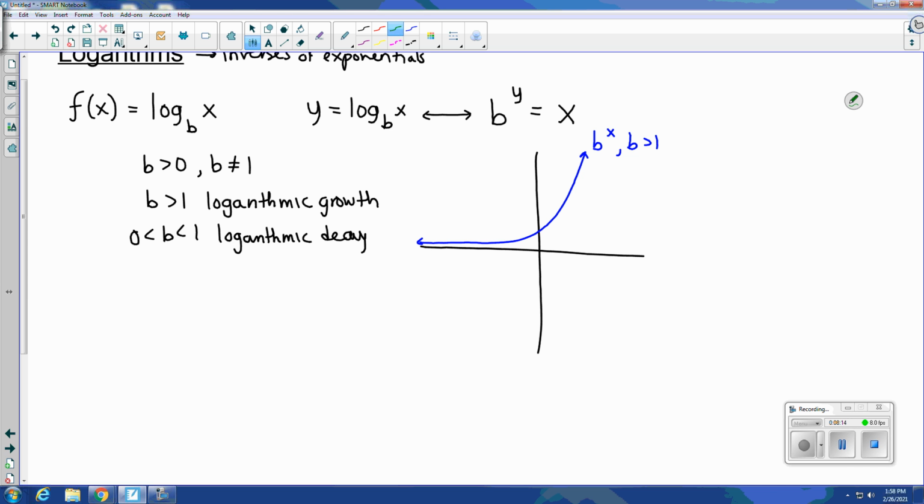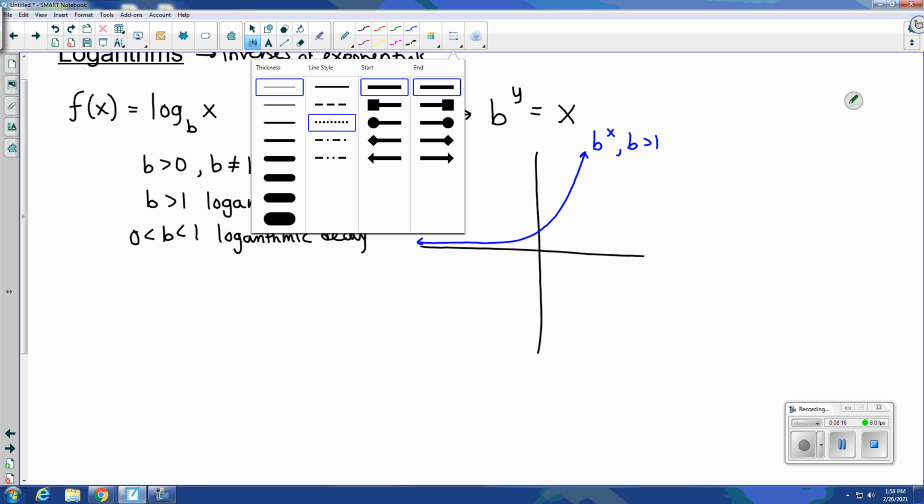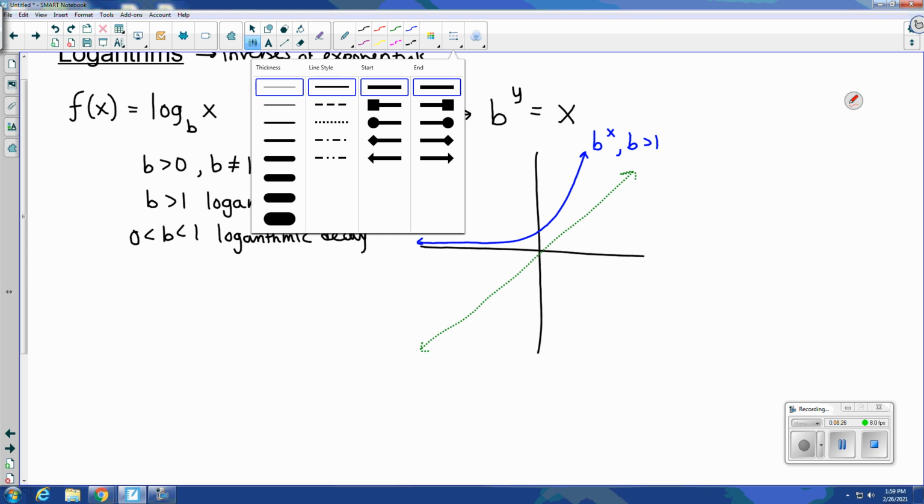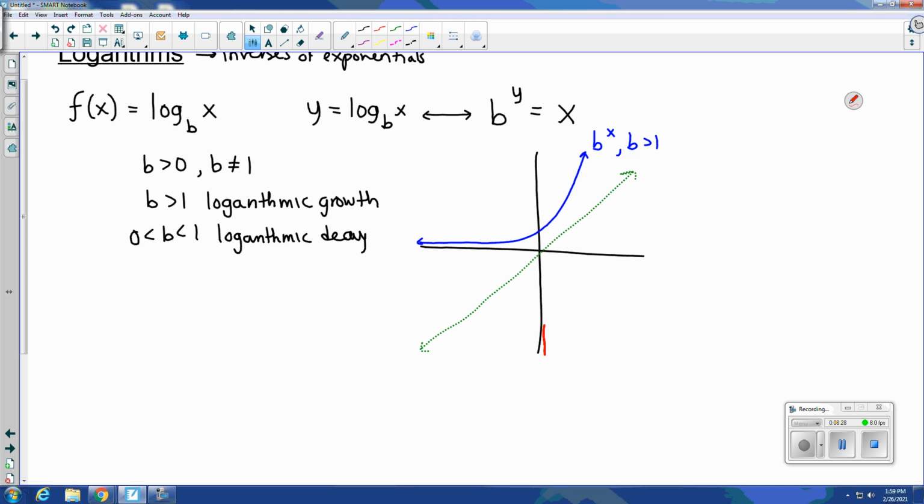And knowing that the logarithm is the reflection about the line y equals x because it represents an inverse, we can figure out what log base b should look like, assuming that b is greater than 1. It will look something like this.